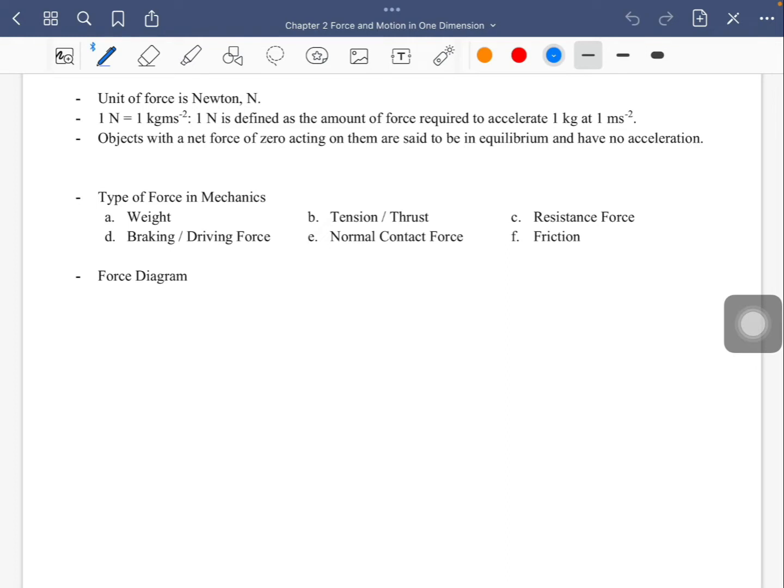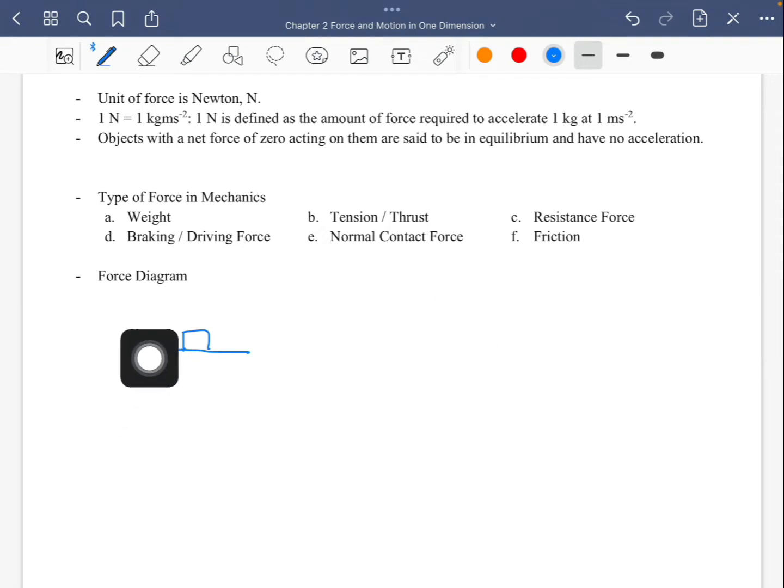Let's see a simple example where we have an object, drawn as just a small box or small square, and a force acts on the object horizontally. How do we draw it?